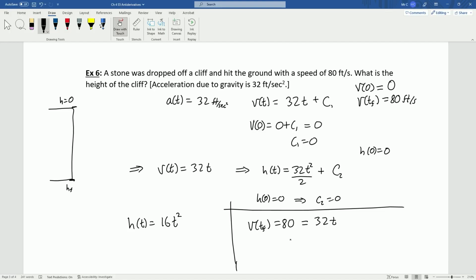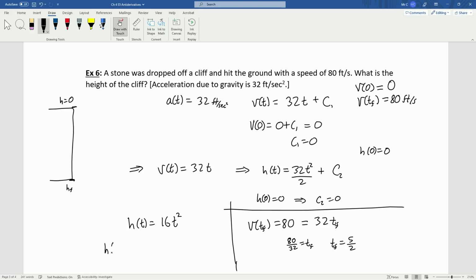So that means 80 divided by 32 equals t. That should be t sub f, t final. And so let's simplify this a little bit. So 80 over 32, that's going to be 5 halves. Yeah. So the final time is 5 halves, or 2 1/2.